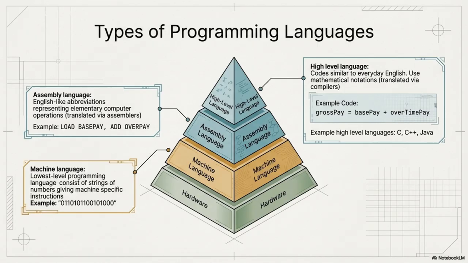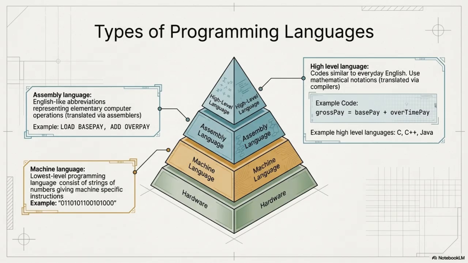For example, instead of binary from the machine language, you might write load base pay or add overtime pay. Take note that computers still cannot read this directly, so it must be translated through assemblers, which is why we call it assembly language.